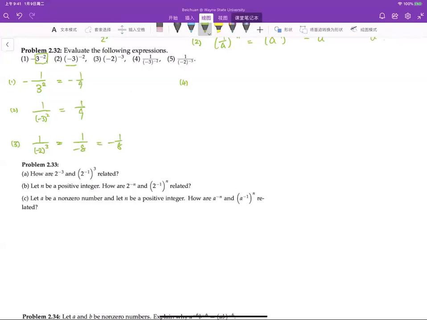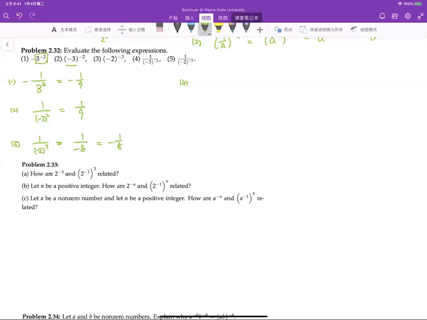In the parentheses of the second one, to the negative first is basically the negation of 2. Oh, wait, I got mixed up. Can you do number 4?